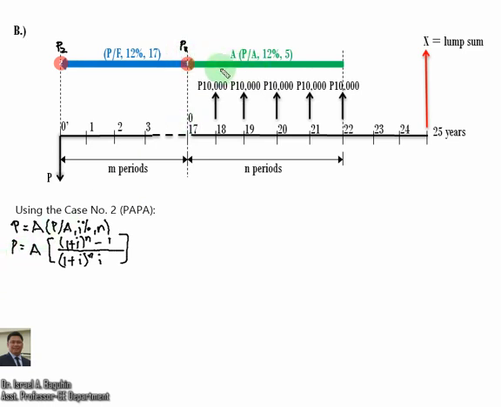So in this case, since we are considering point 1, this P subscript 1 is equal now to 10,000 times, we have here 1 plus 0.12, in decimal of the 12%, raised to the 5th minus 1 all over 1 plus 0.12 raised now to the 5th times this 0.12.